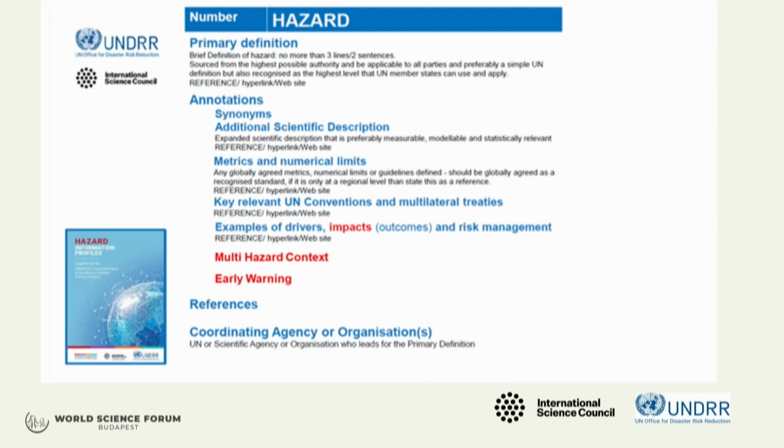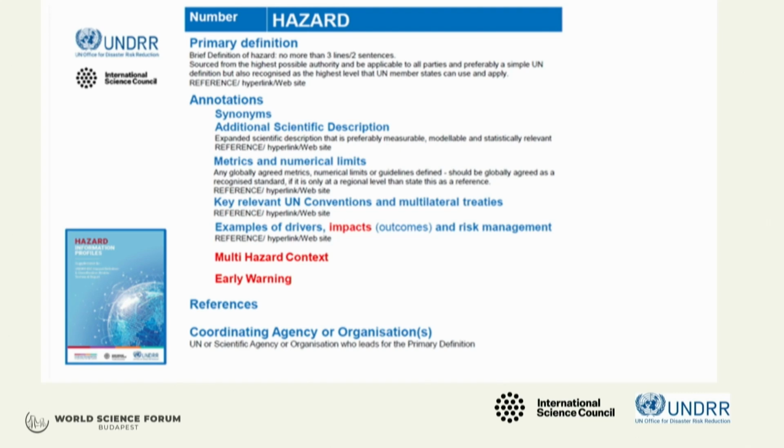We have an additional scientific description that gives you a bit more detail on what this hazard is about. Metrics and numerical limits are also very important, especially when it comes to databases, risk analysis, and statistics. Key relevant UN conventions and multilateral treaties. It sounds a bit administrative, but it is in fact very useful for the users, because they realize what kind of agreement their country signed on to and what they should report to, for example.